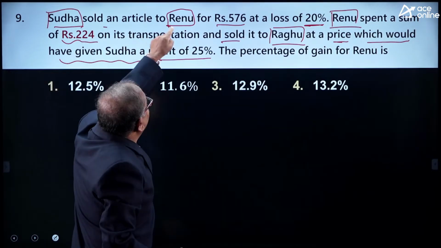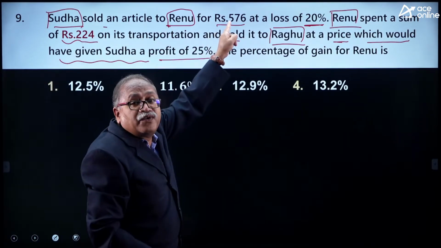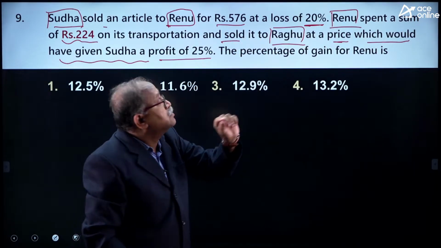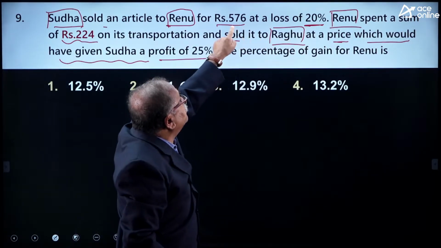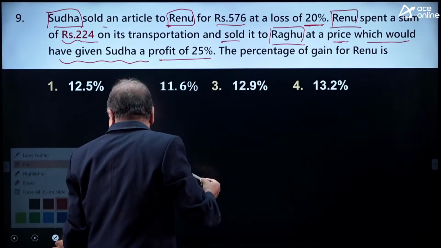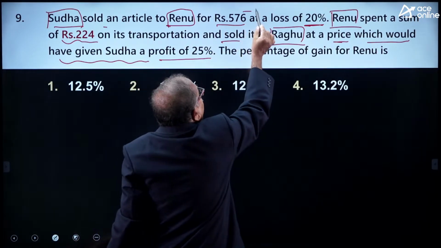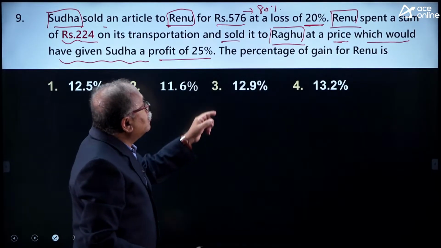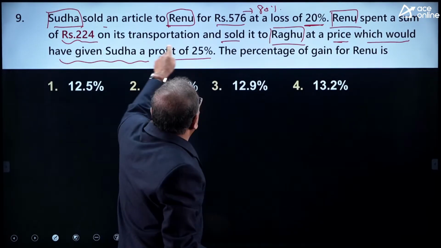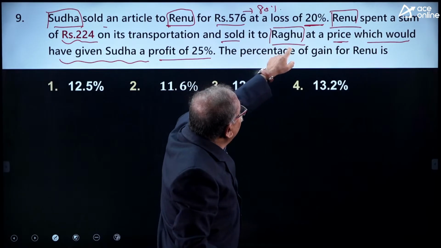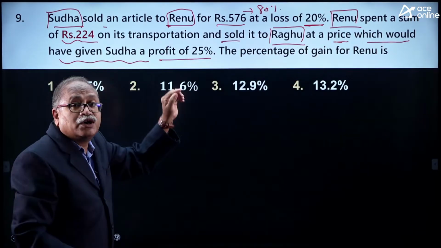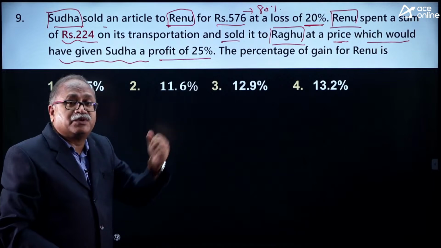Sudha sold to Renu for 576, which is at a loss of 20%. So, if there is a loss of 20%, that means this is 80% of the cost price. Now, here it says that Renu sold to Raghu at a price which would have given Sudha a profit of 25%.